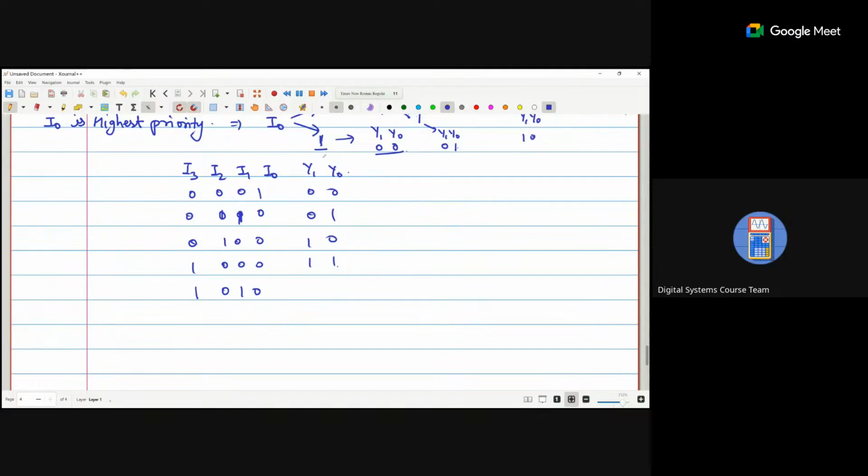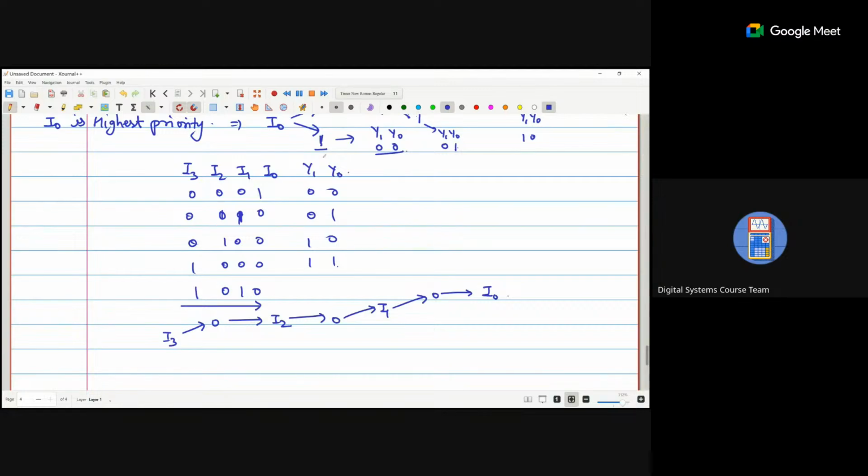Now what will happen? I3 is the highest priority, so my table should be like this. If I3 is 0, then it will go to I2. Check I2. If I2 is 0, then it will go to I1.